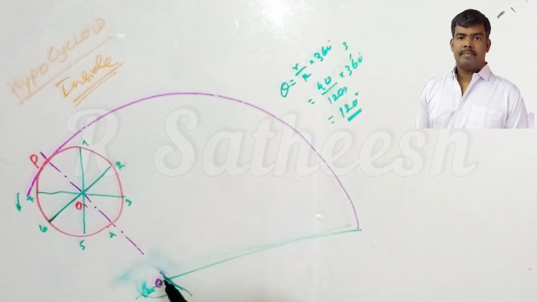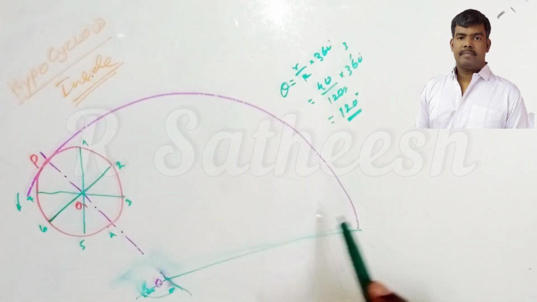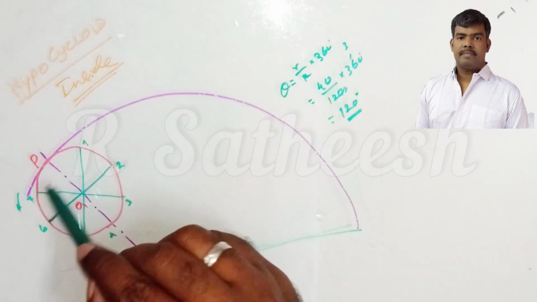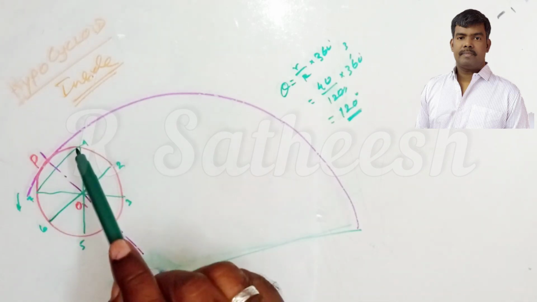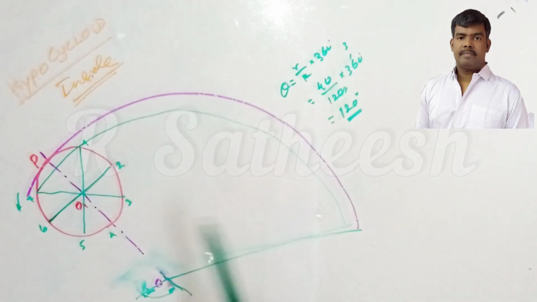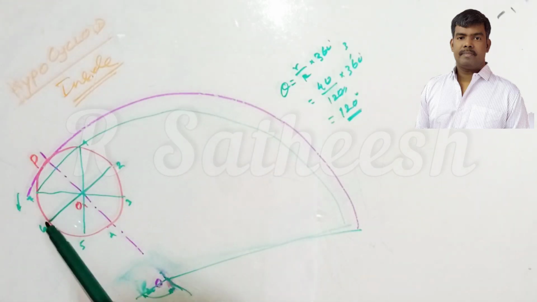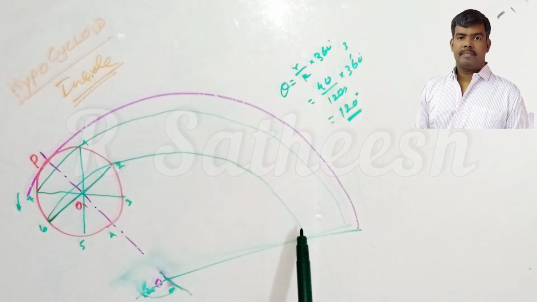After that, with O as the center and O to P as the radius, the curve is already there initially. Then O to 1 as the radius, it is nothing but O7. You draw the concentric curve. Then O to 6 as the radius, it passes through number 2.